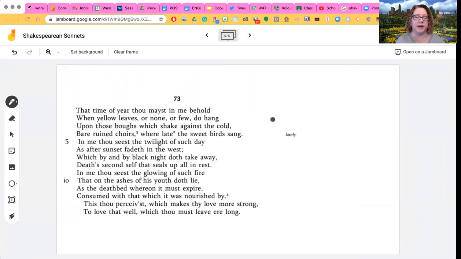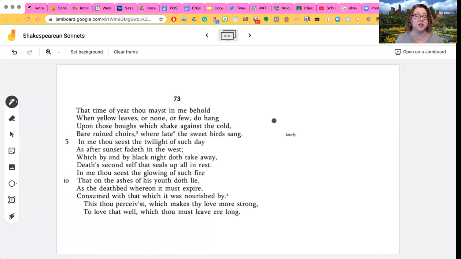That time of year thou mayest in me behold, when yellow leaves, or none, or few, do hang upon those boughs which shake against the cold, bare ruined choirs, where late the sweet bird sang. In me thou seest the twilight of such day as after sunset fadeth in the west, which by and by black night doth take away, death's second self that seals up all in rest.